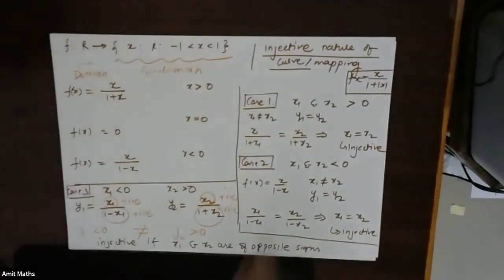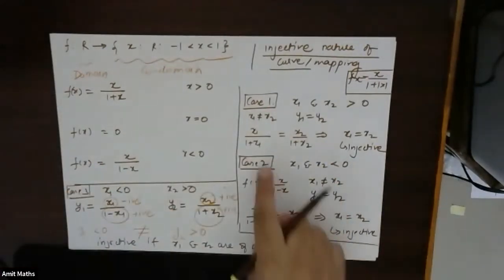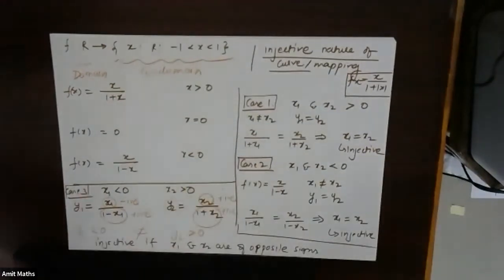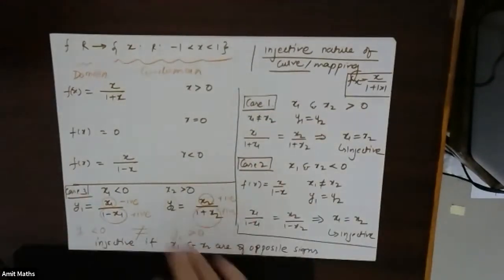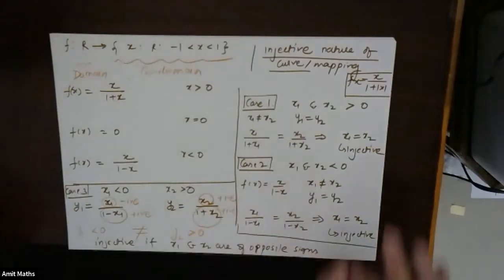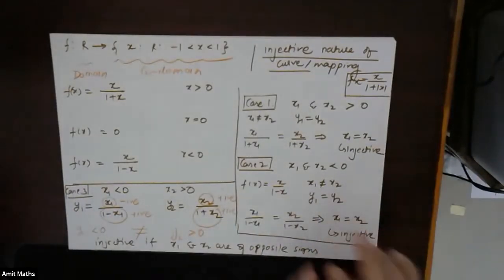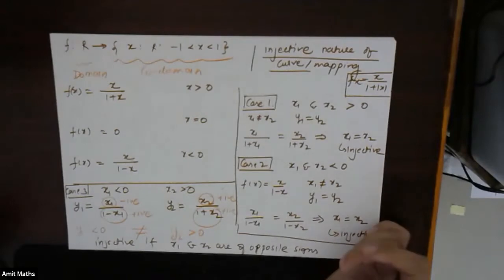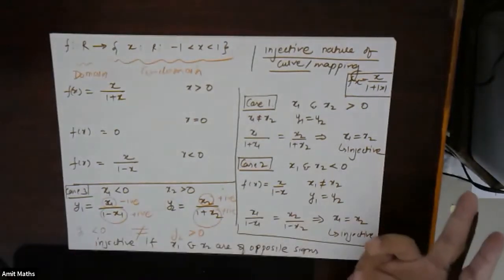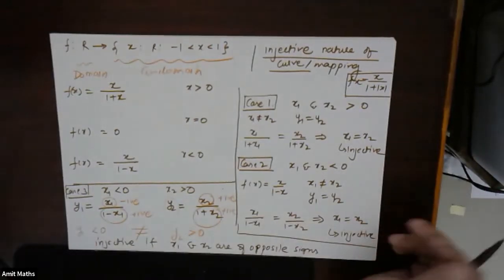So that means case 1 right side, case 2 left side, case 3 opposite sides. In all three cases, the function is coming out to be injective individually. So if the function is injective individually, that means overall the function is injective in nature. That means 1-1 in nature.